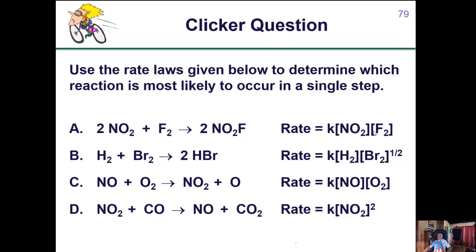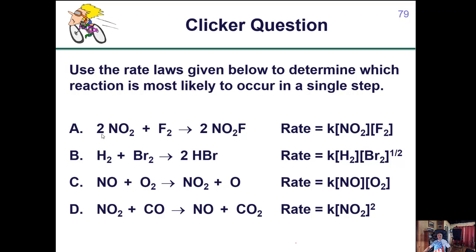So looking at the rate law first, I see that this is unimolecular in NO2 and unimolecular in F2, but bimolecular overall. So I go over here to this proposed single-step reaction. I see, well, this says it's bimolecular in NO2. That I have to have a collision between two NO2 molecules. So this rate law fails based on this comparison.